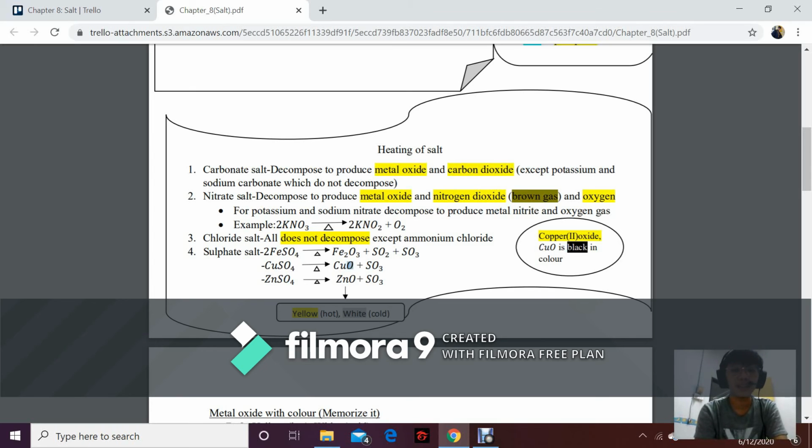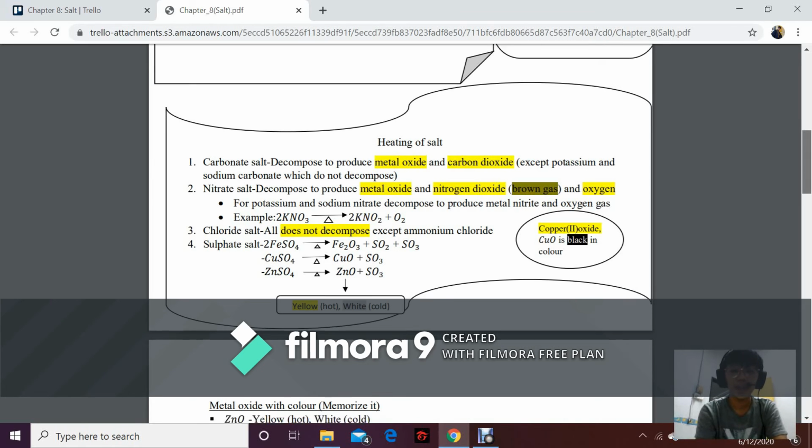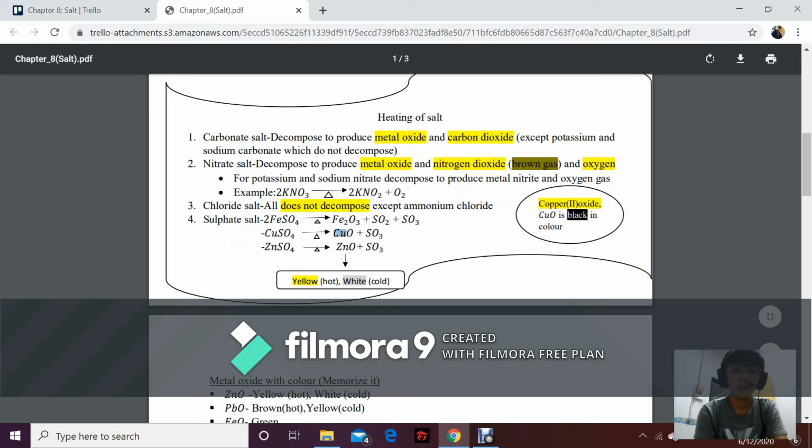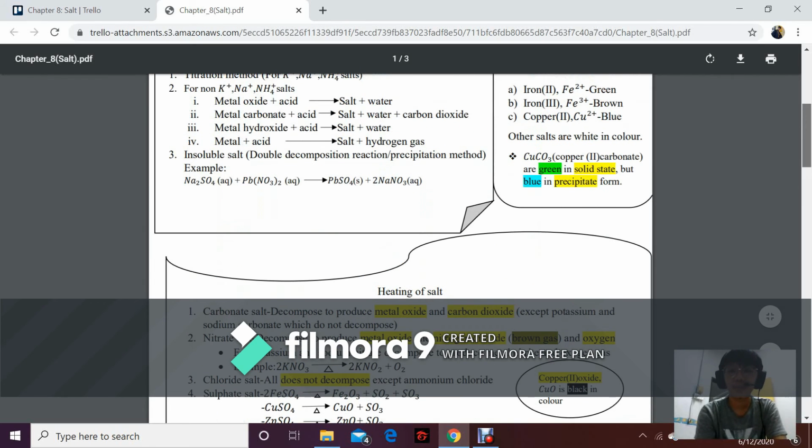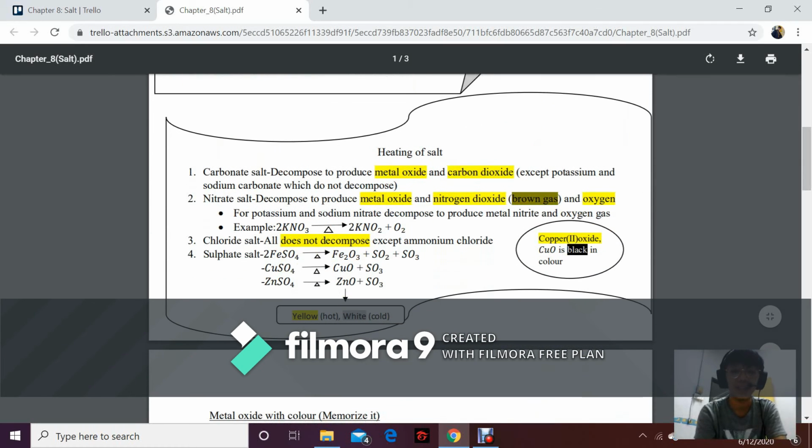Copper oxide, sorry, copper 2 oxide. So copper 2 oxide is also blue color because I said all the copper 2 are blue in color. Remember, all the copper are blue in color.